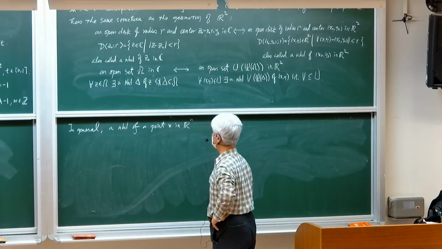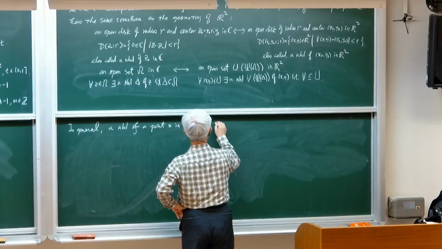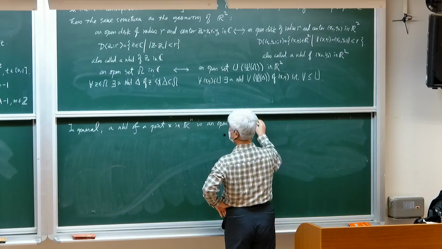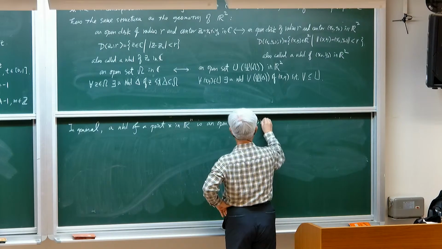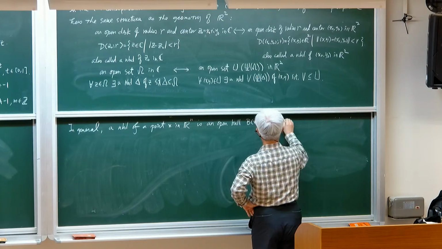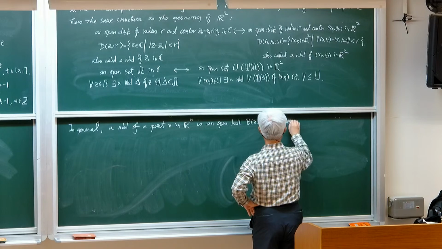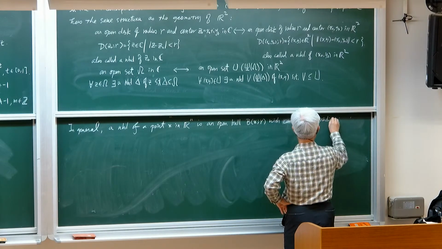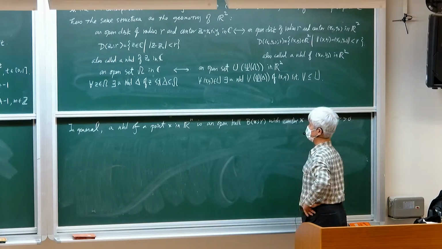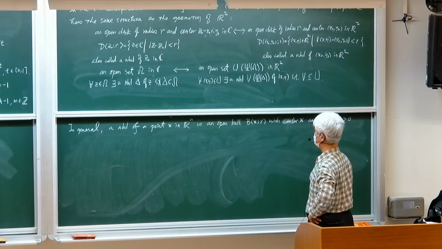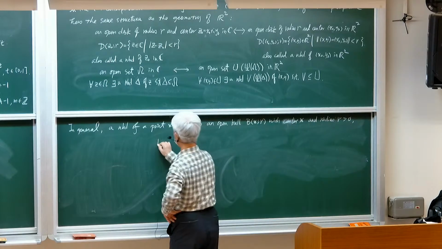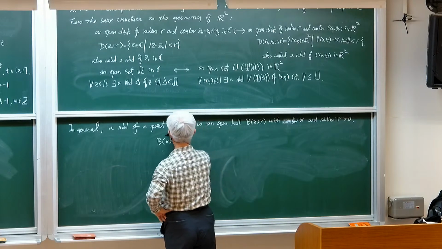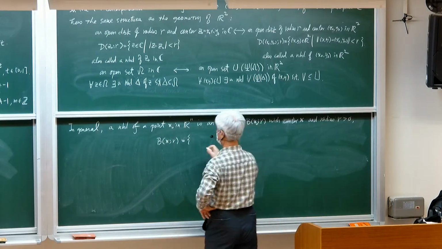A neighborhood of x is an open ball with center x and radius greater than 0. So the ball, I use x0.